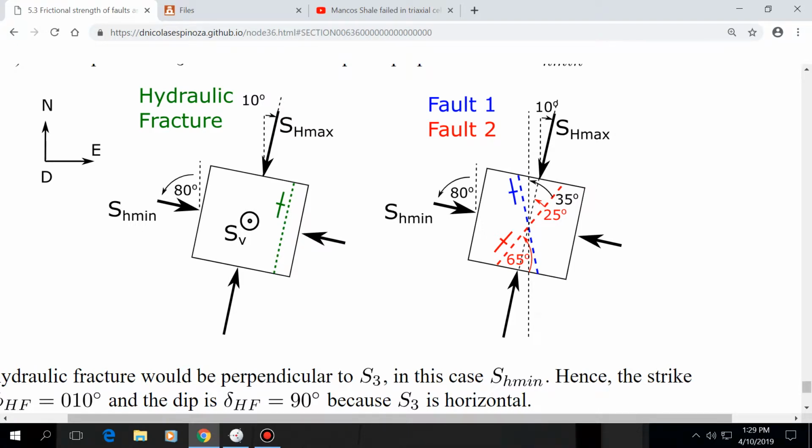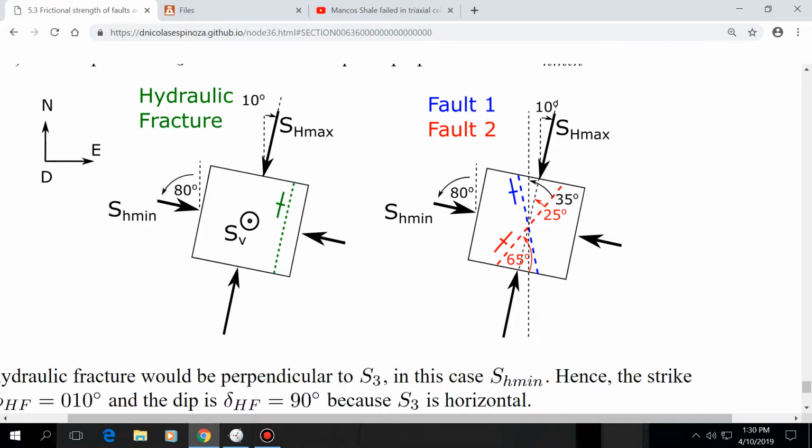And because this one is 65, this one is going to be 25, and because this one is 25 and this one is 35, this angle must be 10. So this is the order in which you go. First beta, then you may need this other angle to relate it to the actual strike, and the last one is going to be 10.